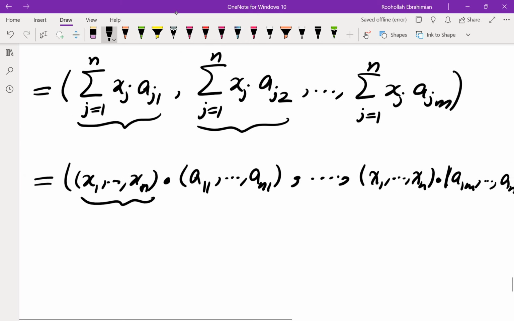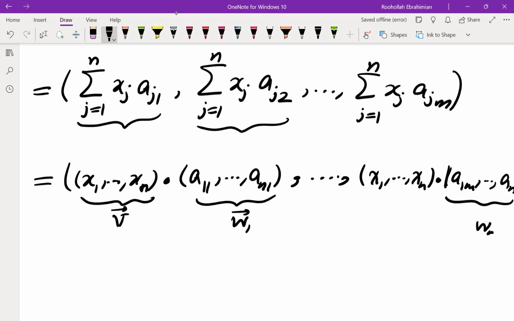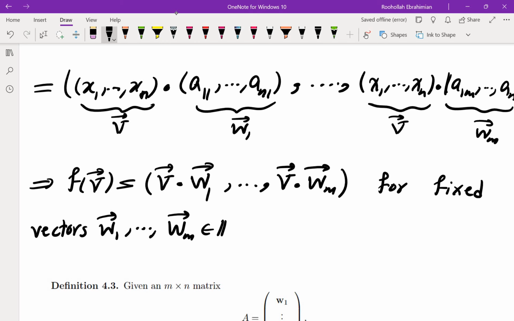So if you call the input v, and call these vectors w1 through wm, what we end up getting is f of v is equal to v dotted with w1, that's the first component, and every component is a dot product, down to v dotted with wm, for fixed vectors w1 through wm inside Rn.